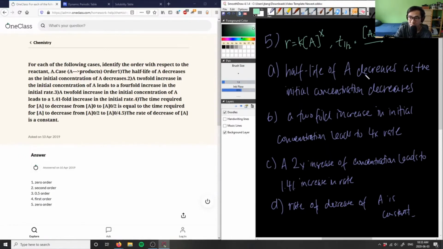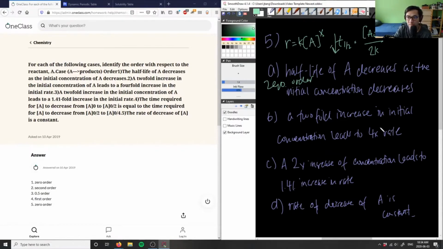So the half-life of A decreases as the initial concentration decreases. If we follow this kind of reaction here, this one would be a 0 order, because if we decrease our initial concentration, our half-life is also going to decrease. This is the formula for the 0 order, which is good.